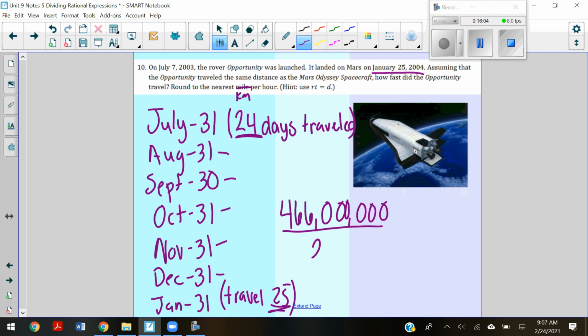And that was 203 days. And we have 1 day is 24 hours. So day again is going to cancel. And this one again says round to the nearest kilometer per hour. So go ahead and do that in your calculator.